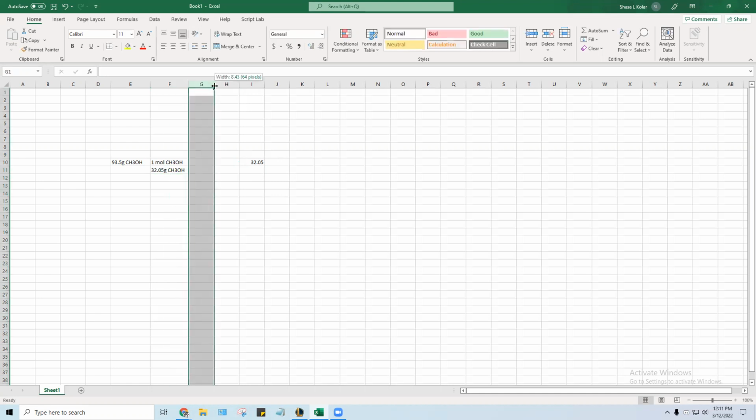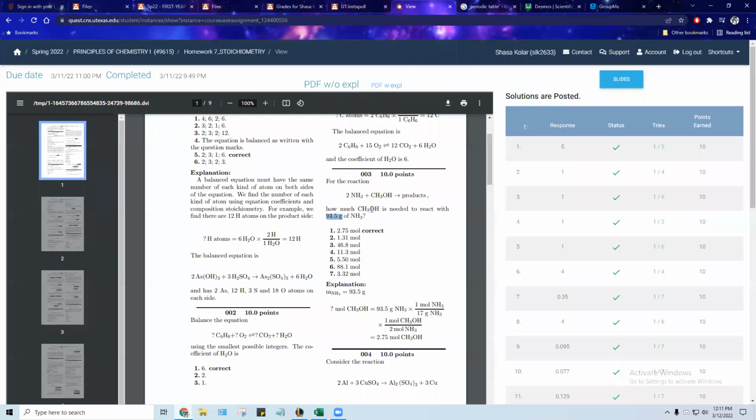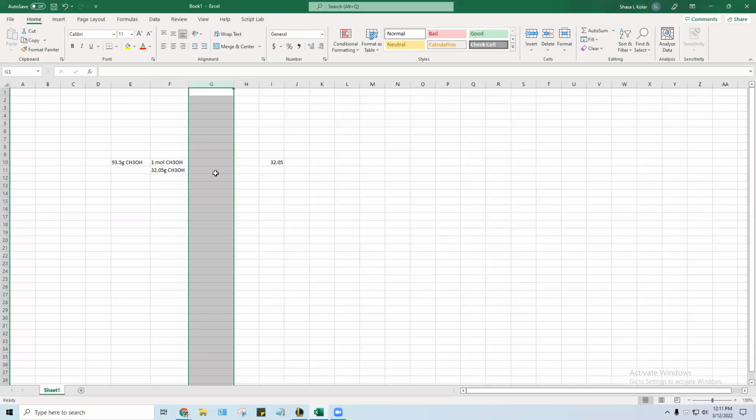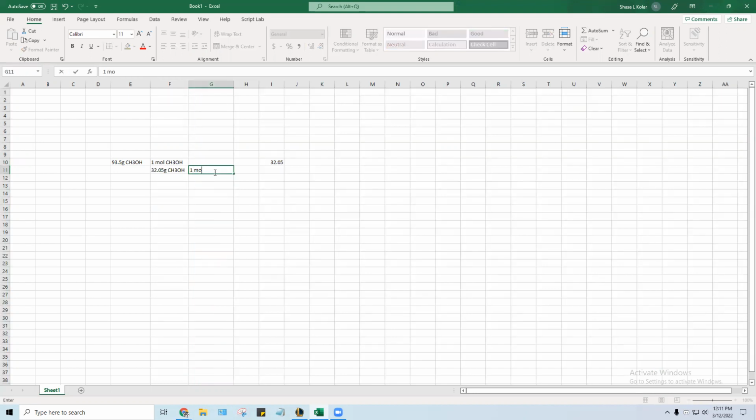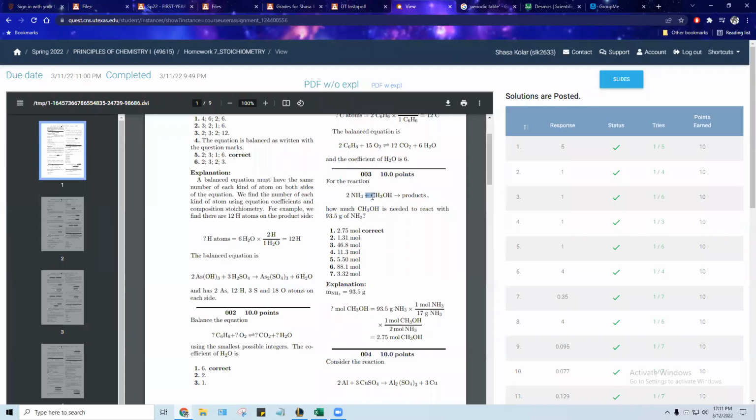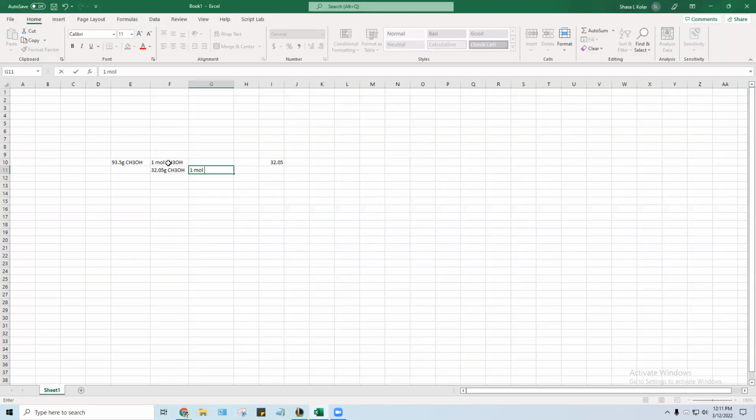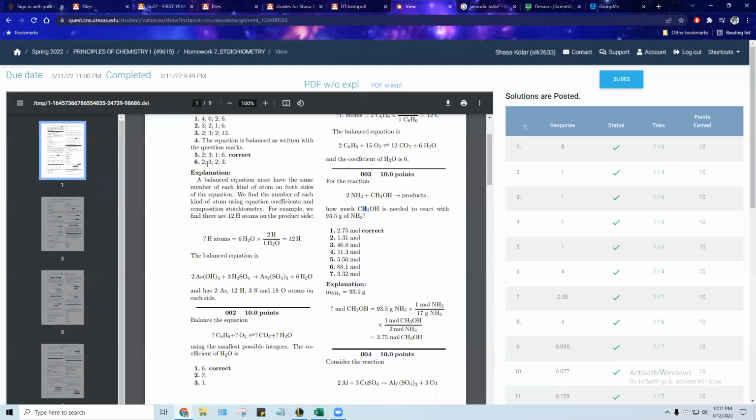So next, we want to find out how many moles of NH3 we want. For every 1 mole of CH3OH, the molar ratio is 1 to 2, so we have 2 moles of NH3.